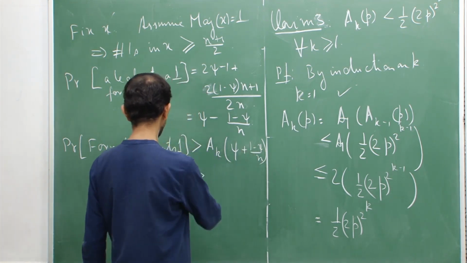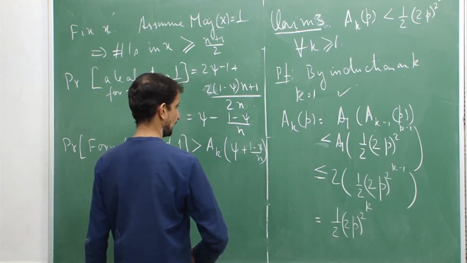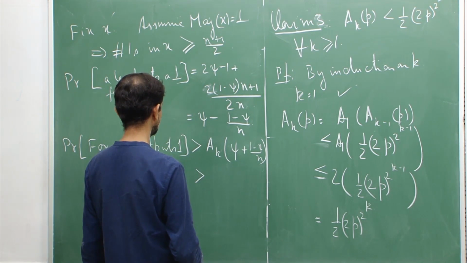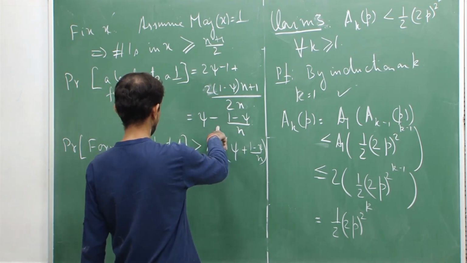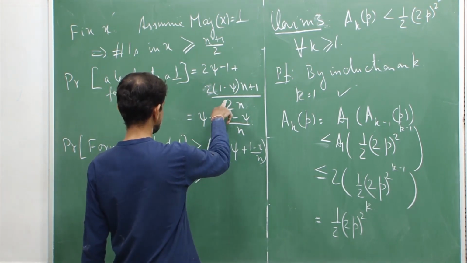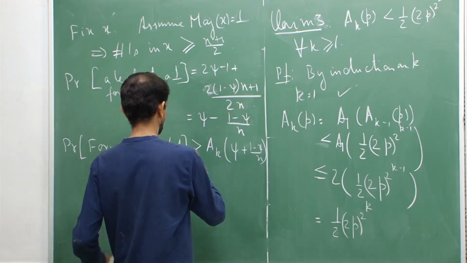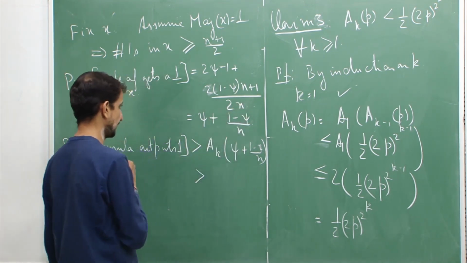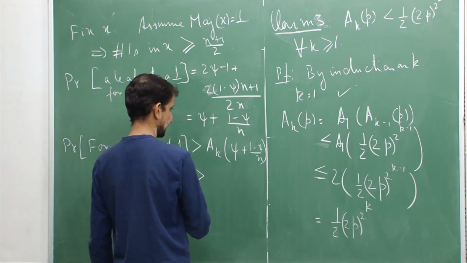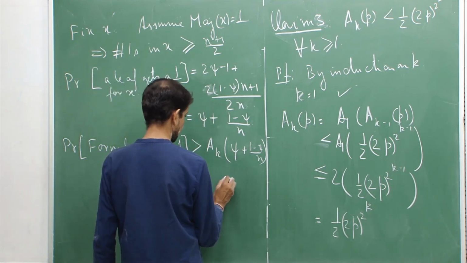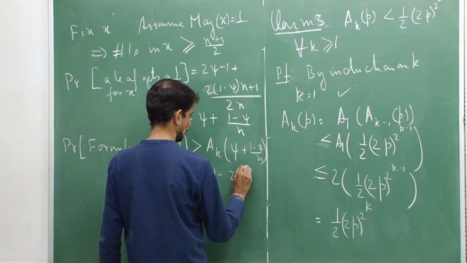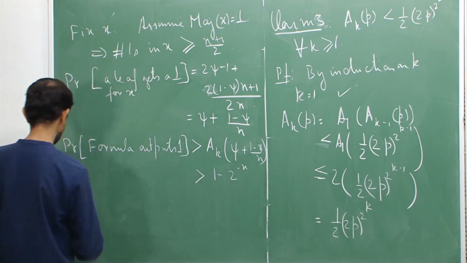So, this will be a plus over here because it is outputting... No, one second, let me just verify. So, this will be actually psi plus 1 minus psi over n. So, I have psi plus 1 minus psi over n, and this is 1 minus 2 to the power minus n.